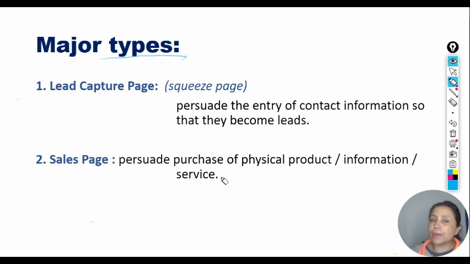And there are other web pages which are simply designed to persuade the visitor to give contact information, which can be further used to call the visitor or use in an email marketing campaign, and so on.